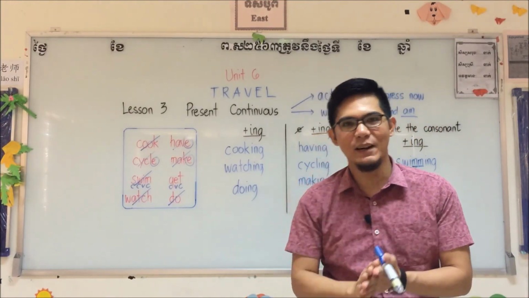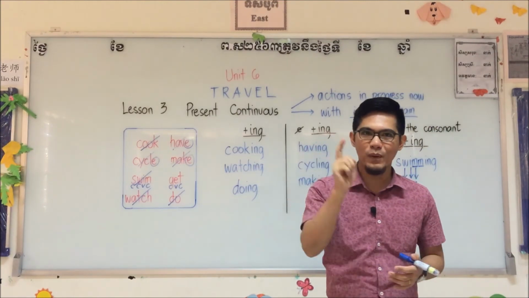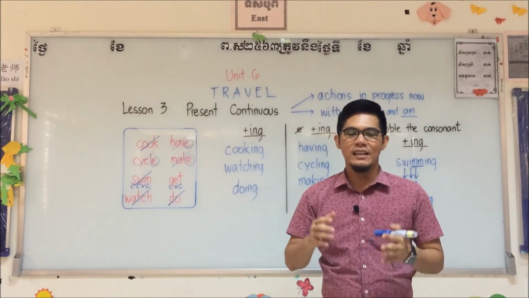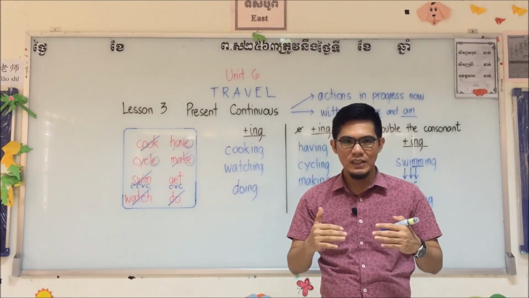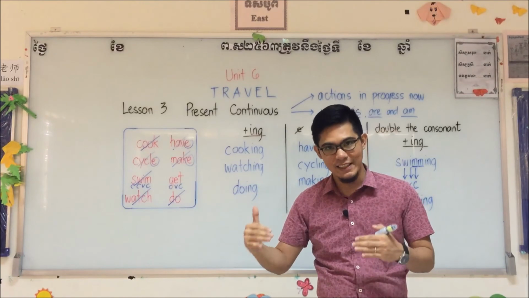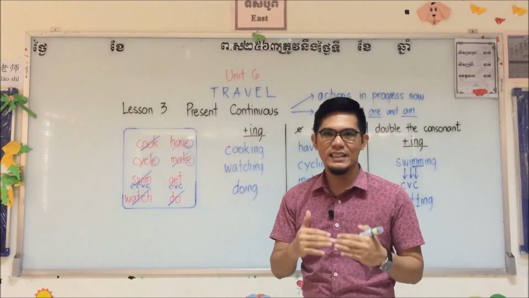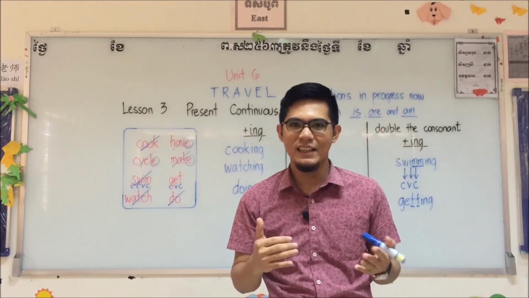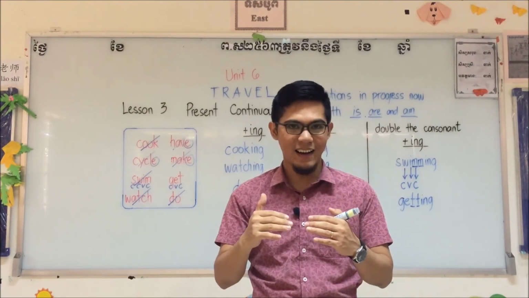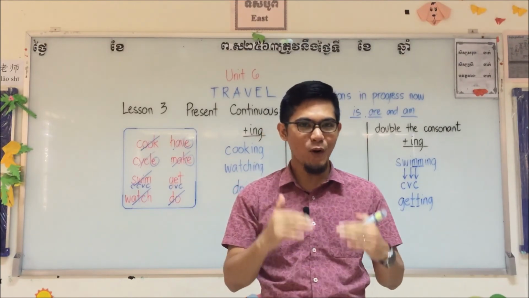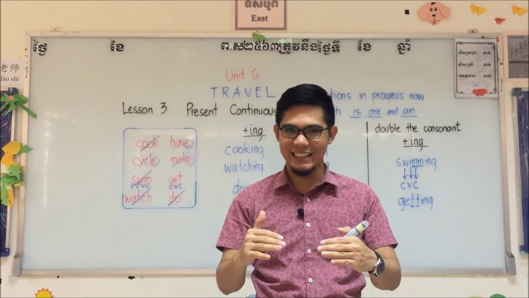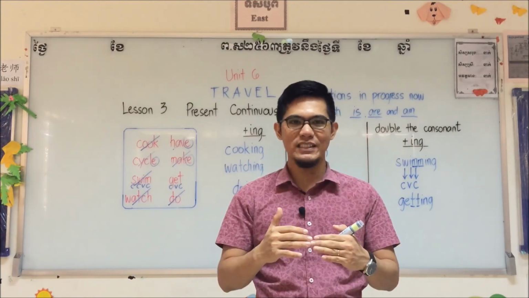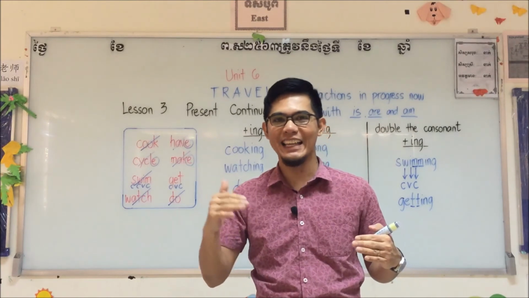We need more examples. And you have to do your part for our exercise number 1. Again, present continuous are actions in progress now. And present continuous, when we use it in a sentence, always comes with is, are, and am. But before we go to sentences, we need to learn the 3 rules in changing verbs to ing.